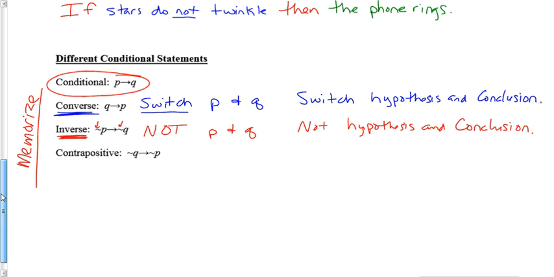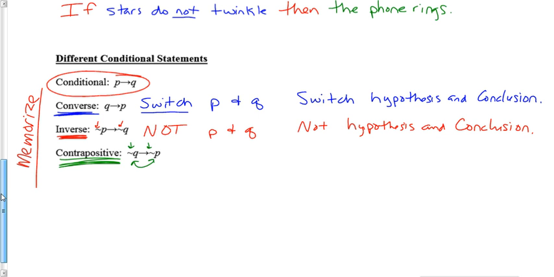Contrapositive, again, just like in the inverse, I have the nots in front, and just like in the converse, I have them switched. So the contrapositive is both doing the converse and the inverse to a conditional.